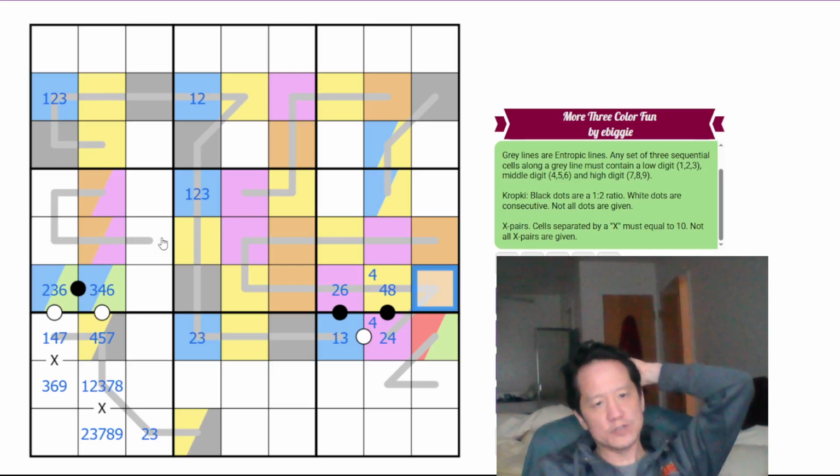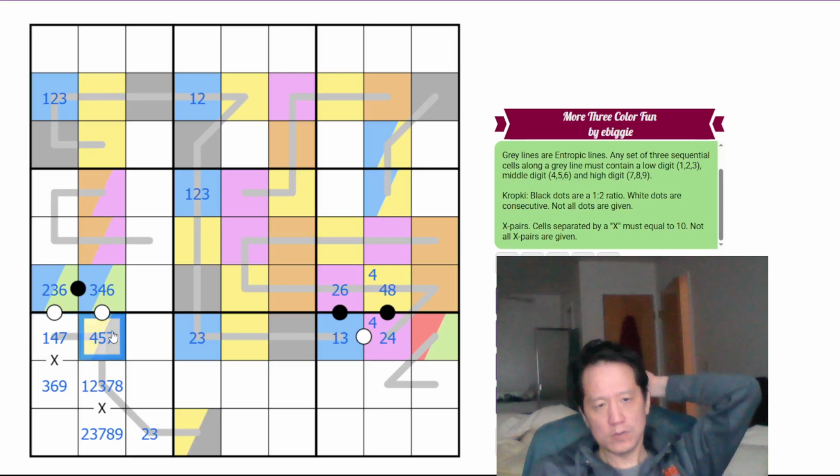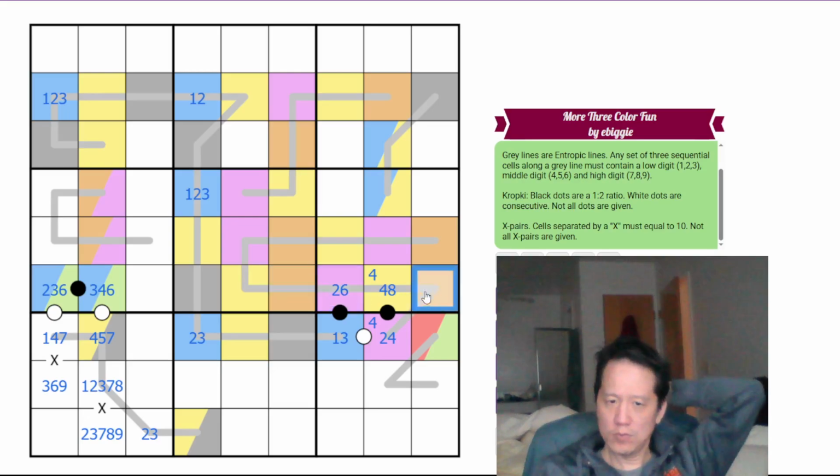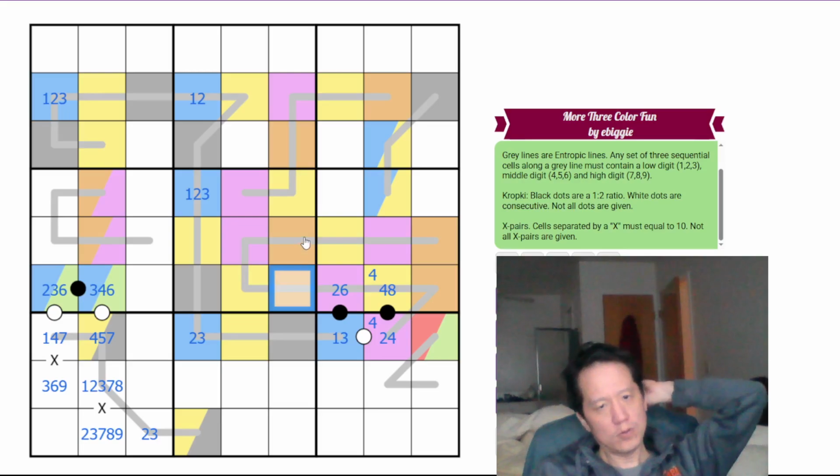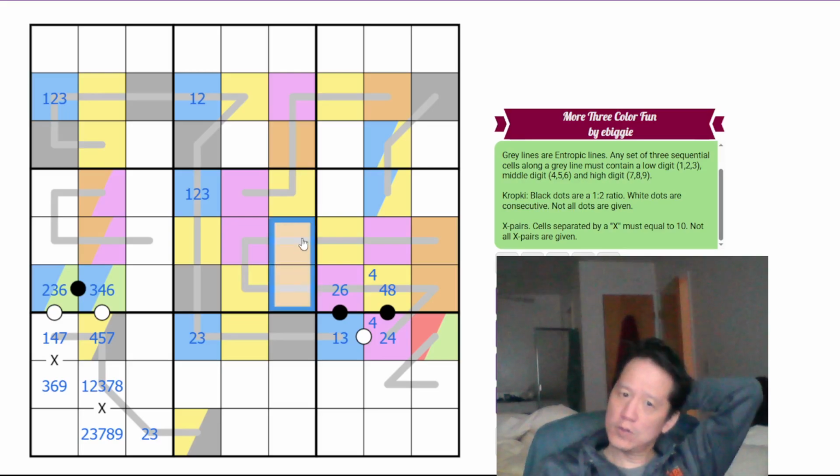So if this is 2, 4, again, we have to have 1 here and 5 here. That would mean the yellow is 8 and high. Pink has to be 6 in the middle, and the orange has to be low. Okay.